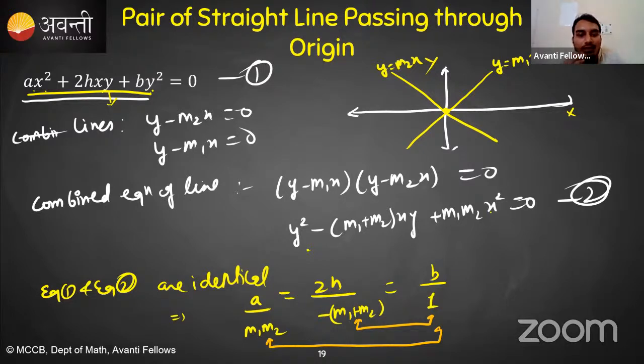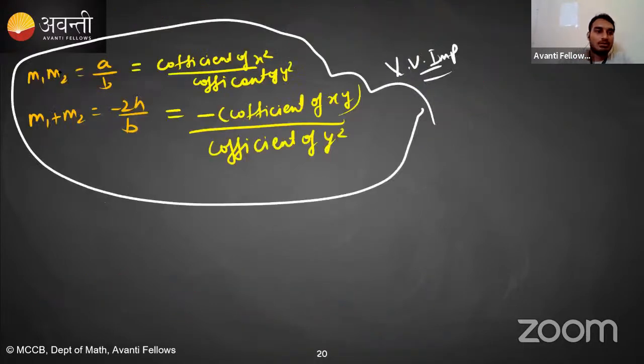So it means the ratio of the coefficients will be equal, right? From there we found out that m1 m2 is a by b and m1 plus m2 is equal to minus 2h upon b.